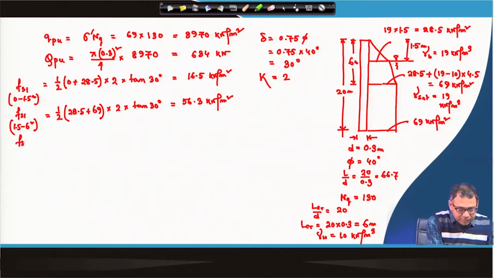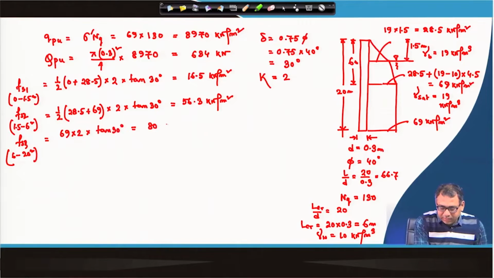The next one, FS3, which is 6 to 20 meter, is now uniform. So, 69 into 2 into tan 30 degree, that is equal to 80 kilonewton per meter square.